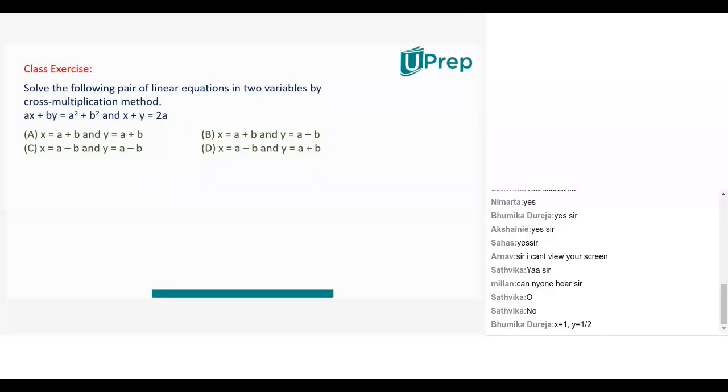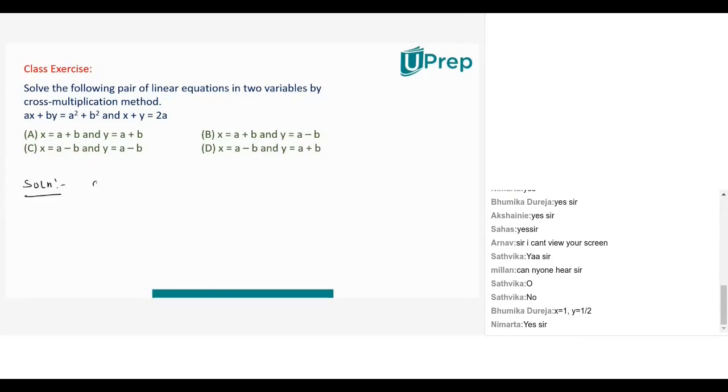Compare with ax plus by equal to c1, ax plus by equal to c2, or you can take them on the left hand side also. It doesn't matter whether your c1 is on the left hand side or right hand side. Either both should be on the right hand side or both should be on the left.